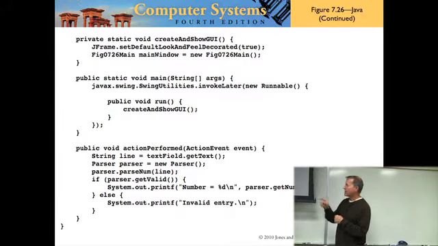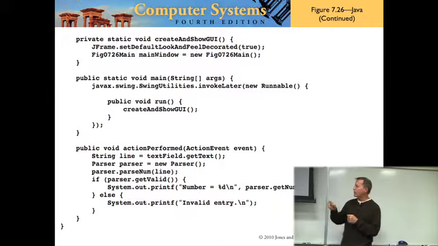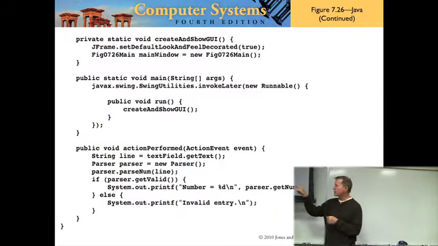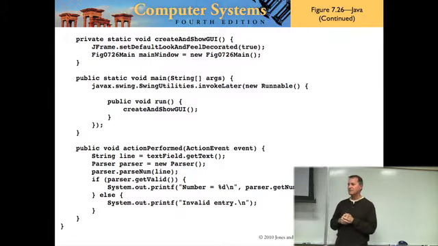And now, check out the next line. If parser dot what? getValid. So what does that tell us that Parser has? Another method. Another method named what? getValid. It must be Boolean because it's used in an if statement. Are you with me? So what do you suppose a precondition of getValid is?